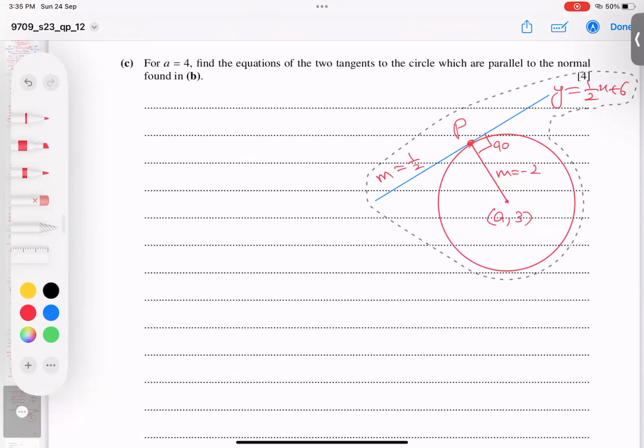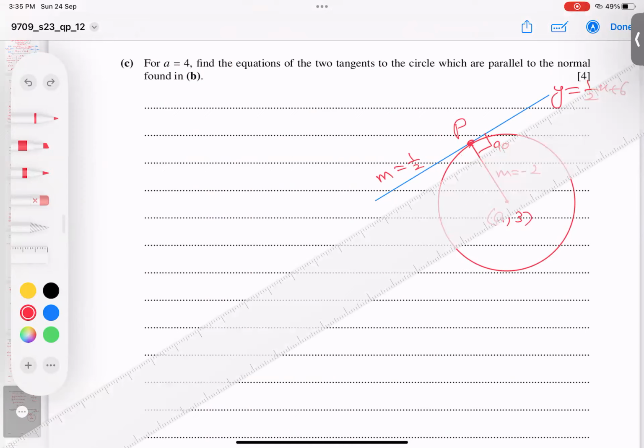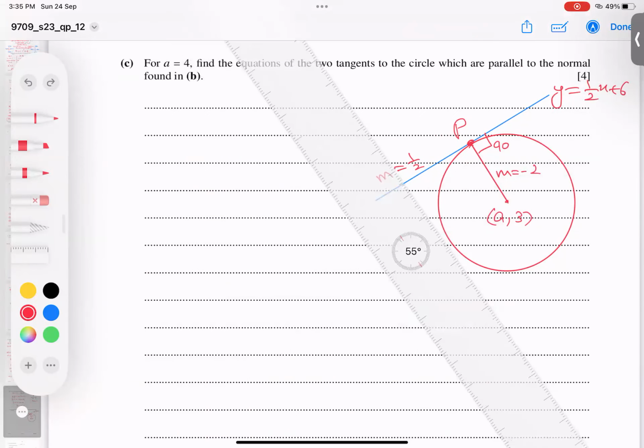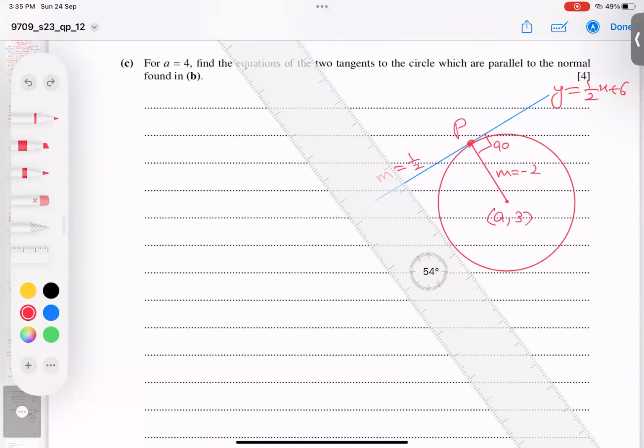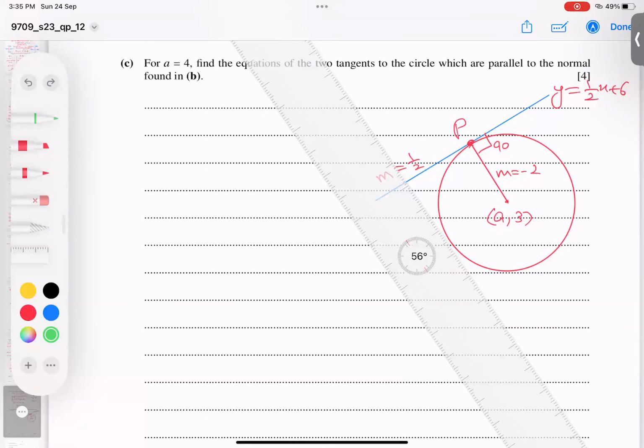He said, read again, find a value 4, which means the center is (4, 3), and find the equation of two tangents which are parallel to the normal. Where is normal number 1? This is a normal. So I will take a scale and draw these two. I used green color. No, it's not touching.